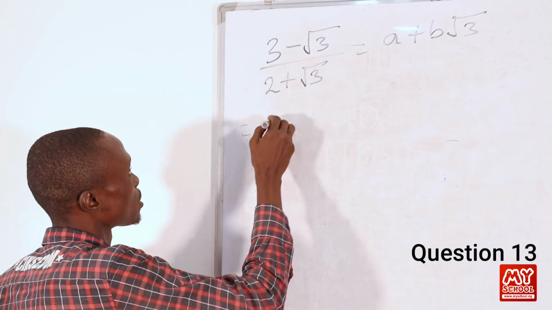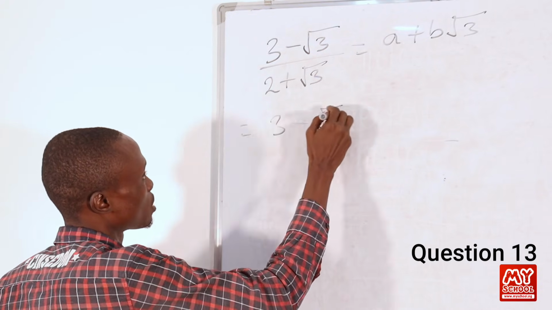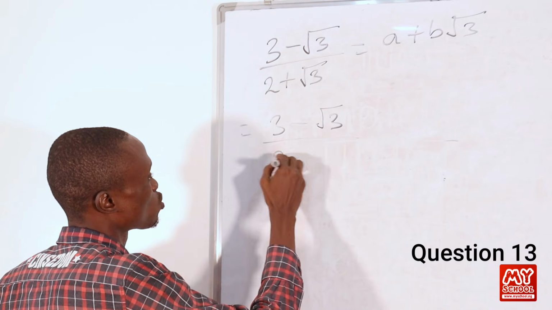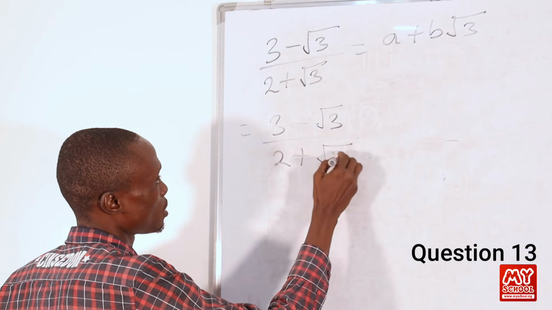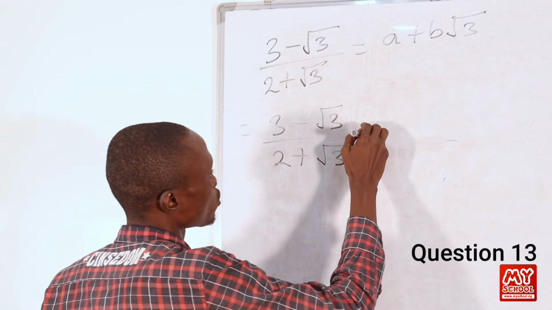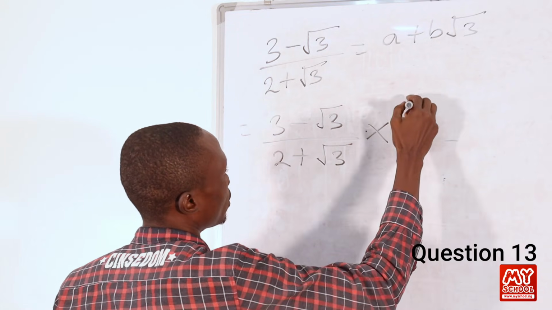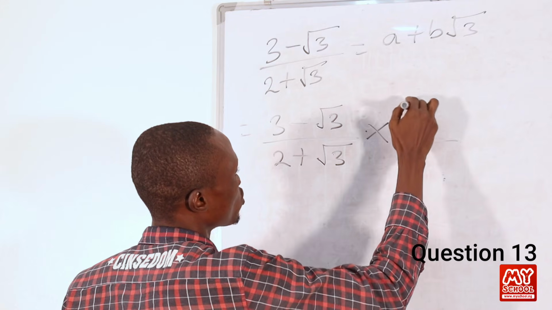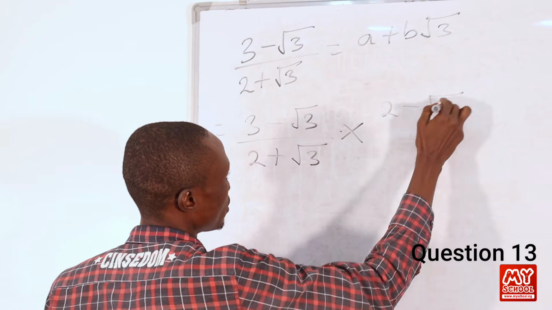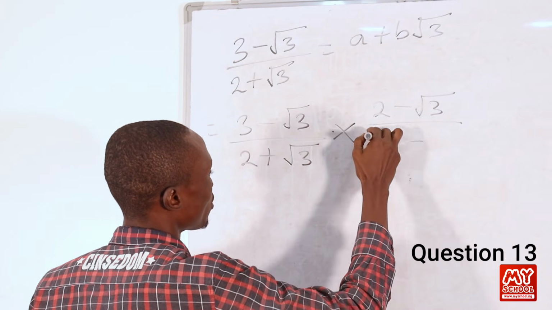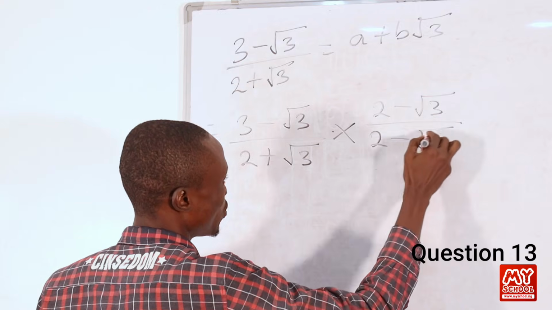So this becomes 3 minus root 3 over 2 plus root 3, times 2 minus root 3 all over 2 minus root 3.